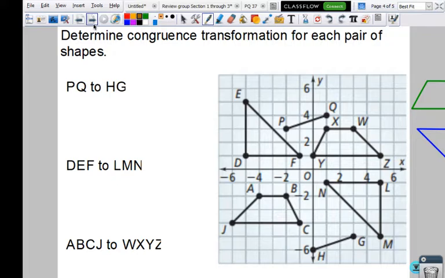Ryan, Joseph, and Kwana, I'll have you work together. Tyler, maybe I'll have you join this group over here. And so, on this, you're going to go from one shape to the other. As a group, you're going to figure out how to go from PQ to HG, how to go from DEF to LMN, and how to go from ABCJ to WXYZ.